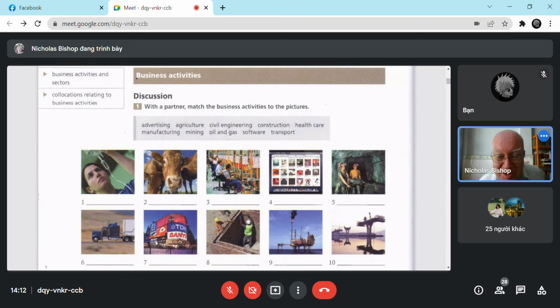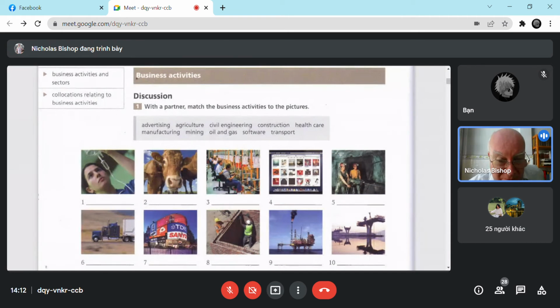Yes. Because that deals with the design and the construction and maintenance of the physical and natural built environment, including public works such as roads and bridges. Good. That's a pretty good answer.